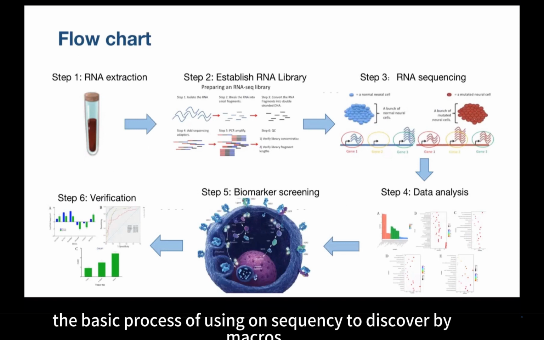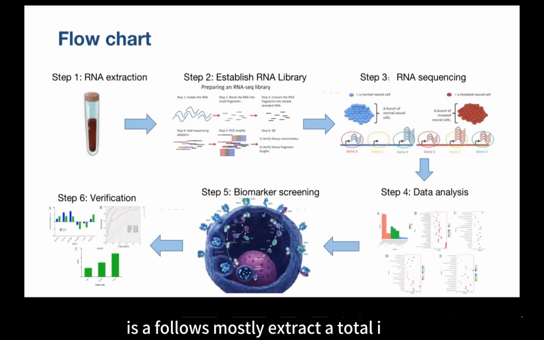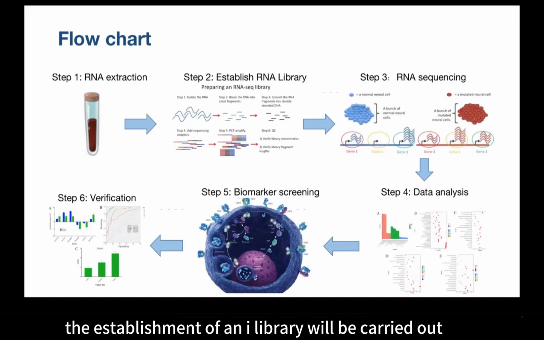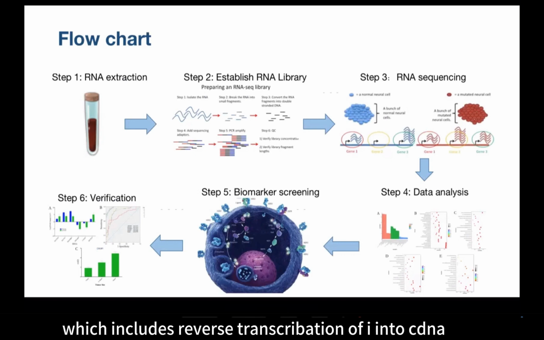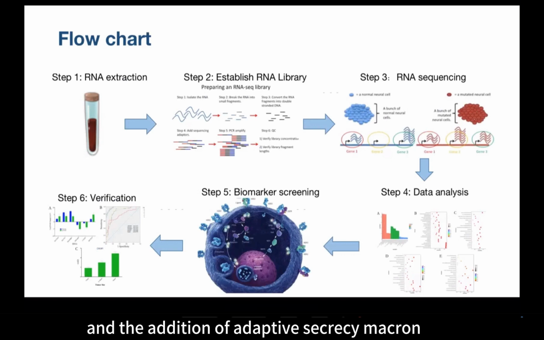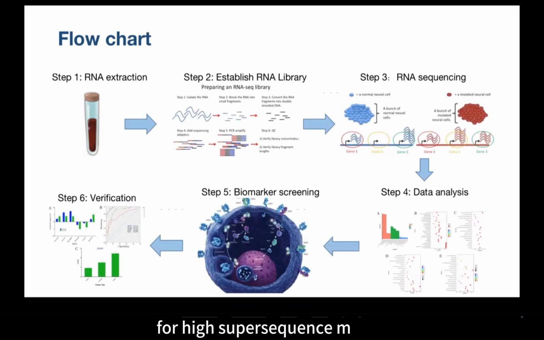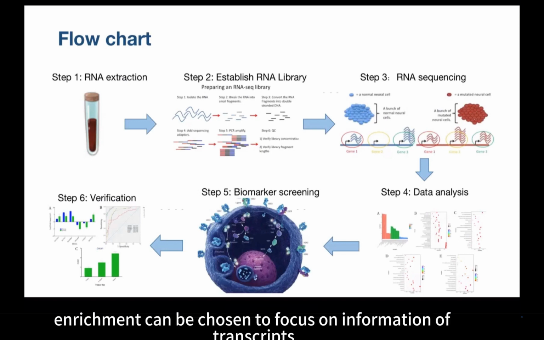The basic process of using RNA sequencing to discover biomarkers is as follows. Firstly, extract the total RNA from the sample. Afterwards, an RNA library is established, which includes reverse transcription of RNA into cDNA and the addition of adaptor sequences for high-throughput sequencing. mRNA enrichment can be chosen to focus on the information of transcripts.